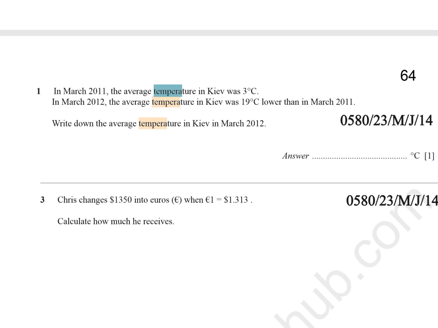So the temperature was 3 degrees Celsius in March 2011, and it was lower by 19 degrees in March 2012. So that means it was 19 degrees less in 2012. If you solve this, you get minus 16 degrees Celsius, and that's your answer.